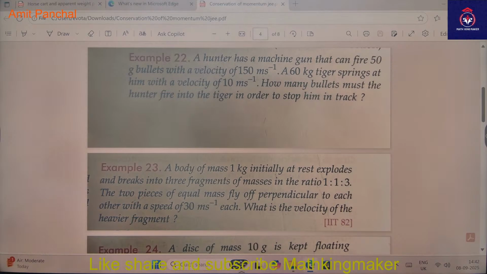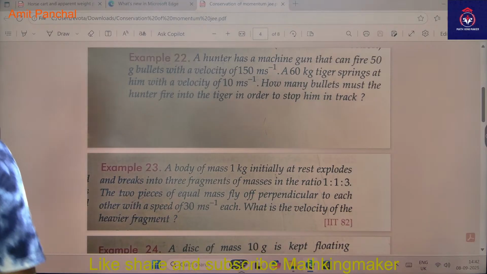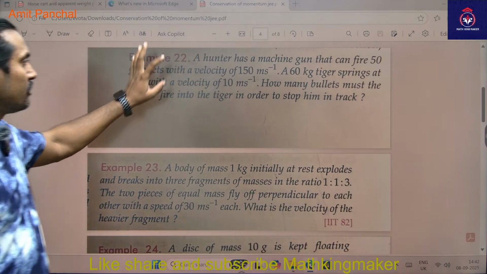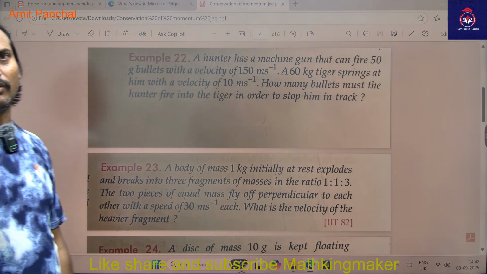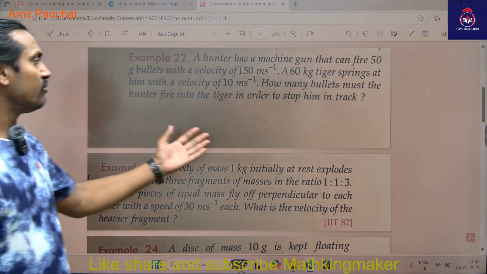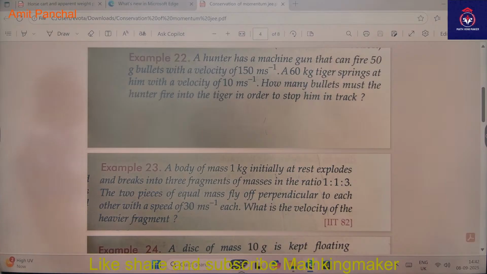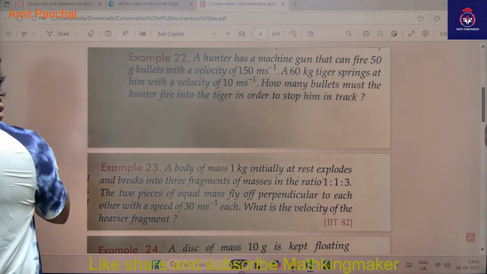So first of all, you have to find the magnitude of the momentum of the bullet. And you find the momentum of the tiger. So the momentum of one bullet, how much will it be?